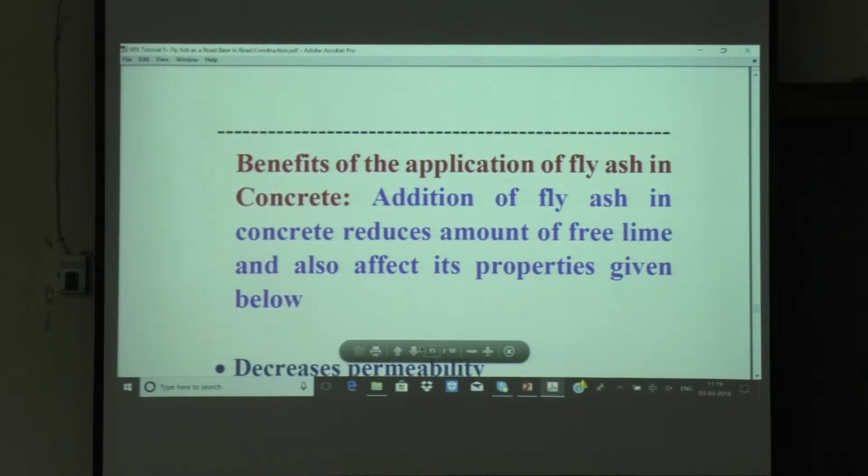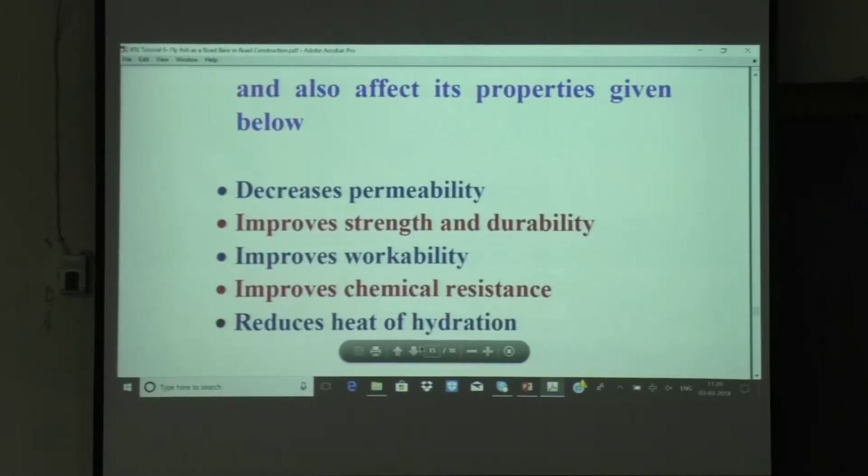Addition of fly ash in concrete reduces the amount of free lime, and also affects the properties given below. So the improvements of the concrete properties are: it decreases permeability, and fly ash improves strength and durability, because fly ash is like a reinforcement.